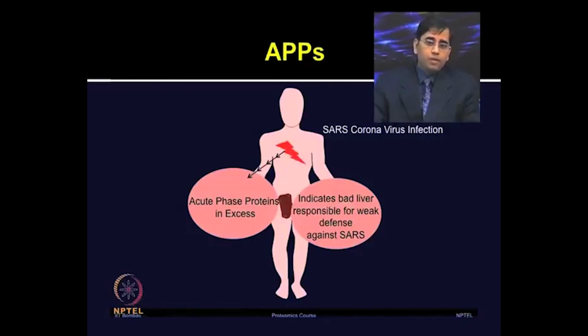The acute phase proteins found in the SARS patients suggested that the health status of the liver in these patients may affect their defense against the SARS virus infection. Some of this information the authors were able to obtain because of the proteomic analysis of these plasma samples obtained from SARS patients.